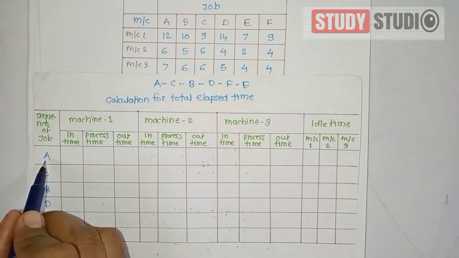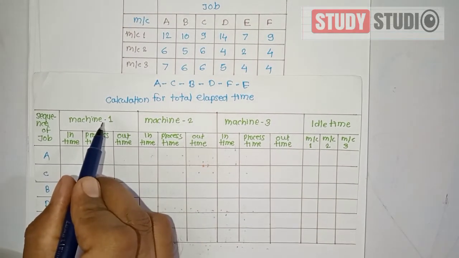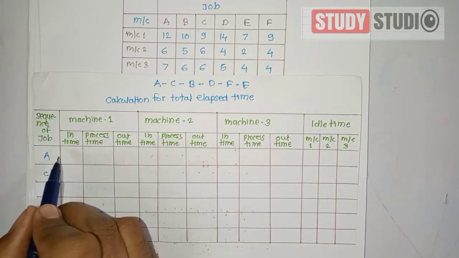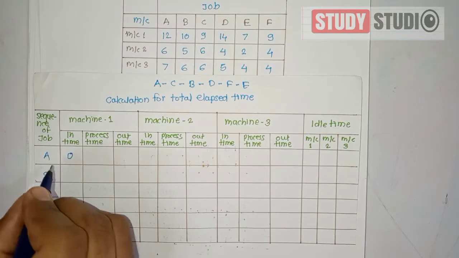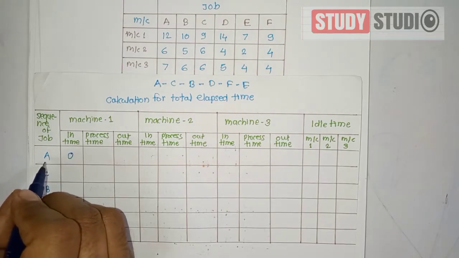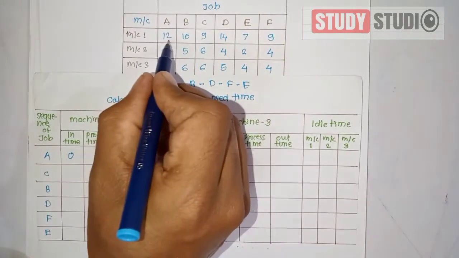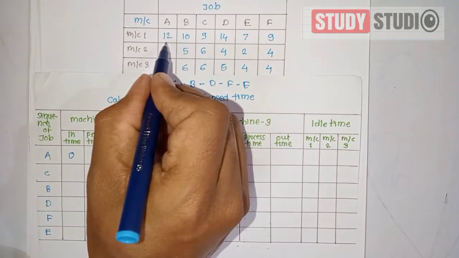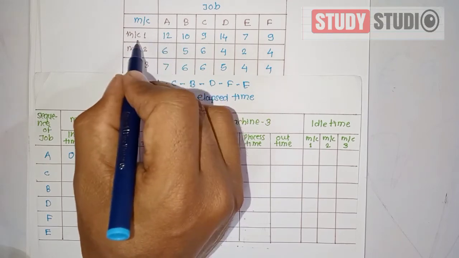Now this job A will be initially performed on machine 1. So in time for this job A is considered as 0 hours. This job A is processed on machine 1 for 12 hours. In the question table it is given that job A requires a processing time of 12 hours on machine 1.